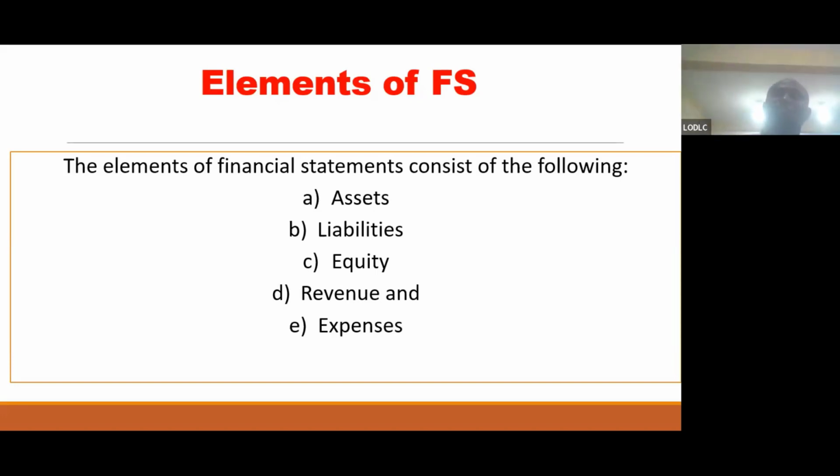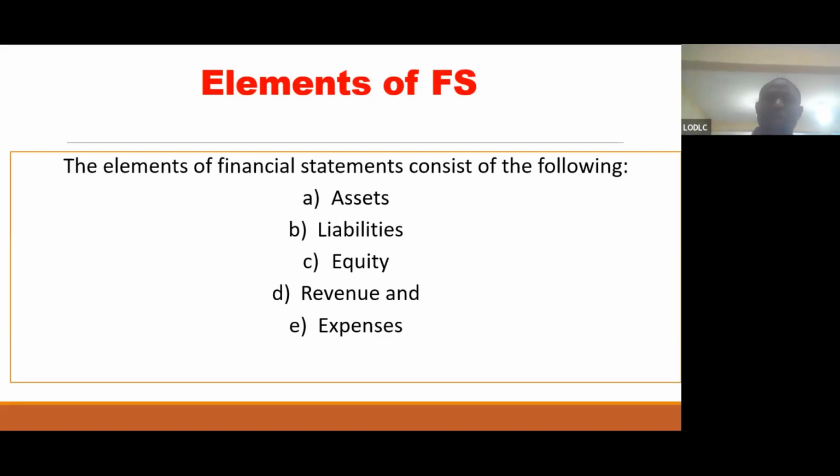Non-current assets can be better understood using IAS 16, that is property, plant, and equipment. When you are talking about non-current assets, just put your mind on IAS 16, property, plant, and equipment. Then IAS 40 talks about investment property, which is also a non-current asset.